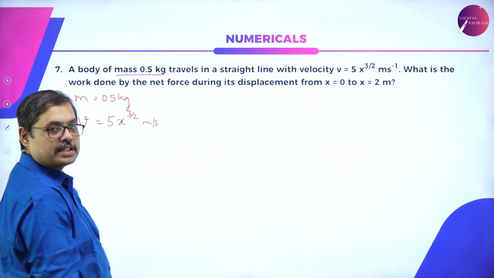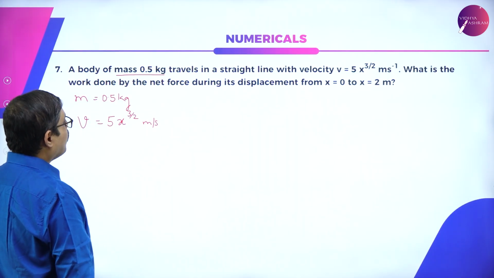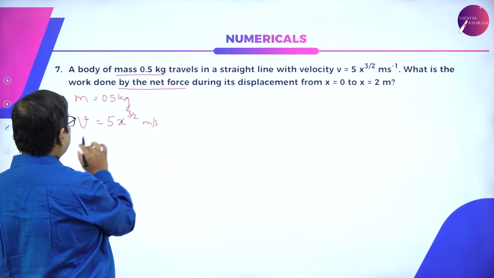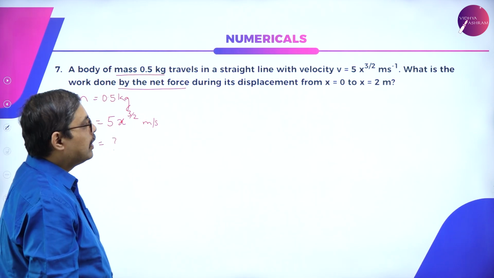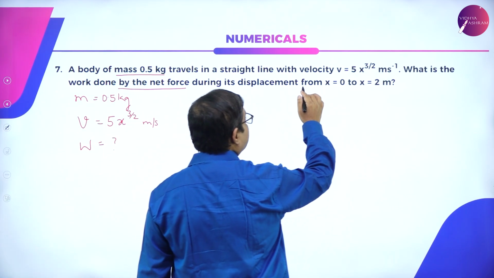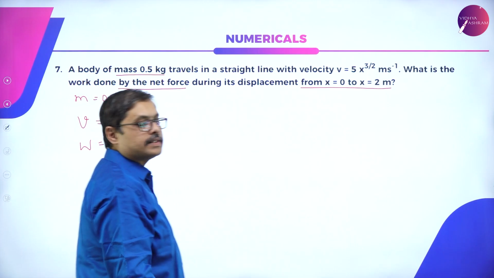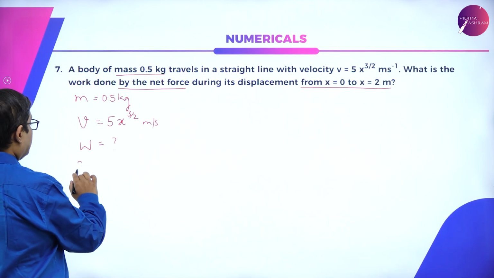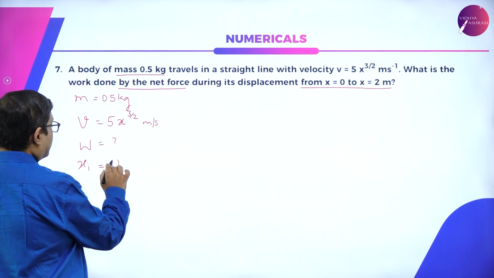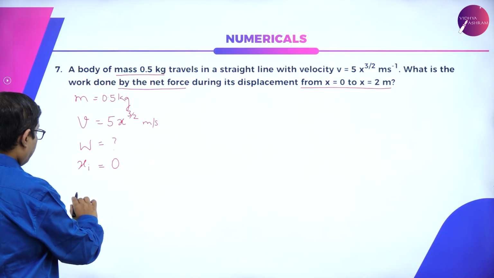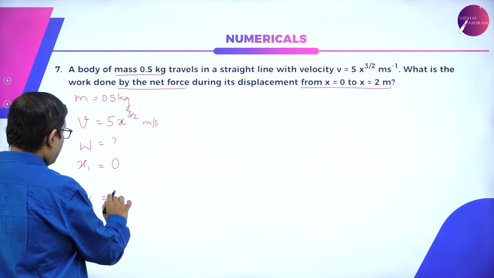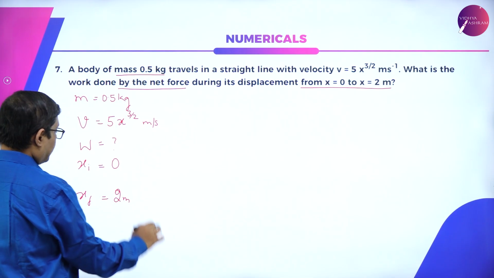He has given me an equation. Let me check. What is the work done by the net force? He has asked me to find out the work done when the body travels from x equal to 0 to x equal to 2 meters. So initially it was at position 0 and finally it has ended at a distance of 2 meter.